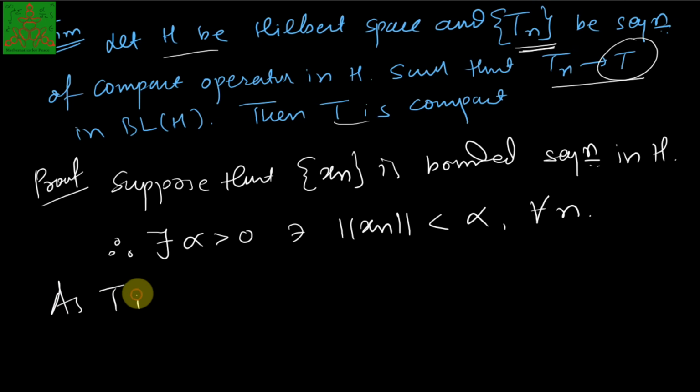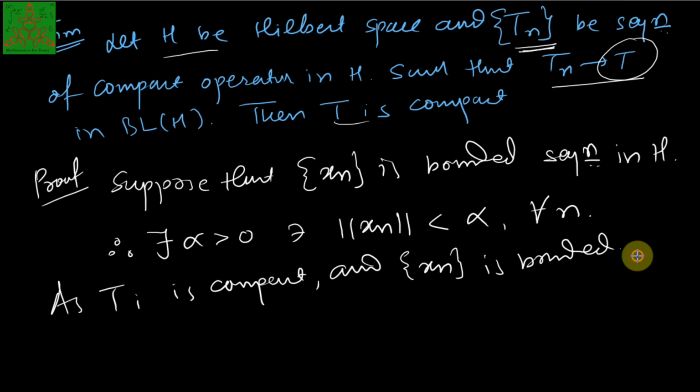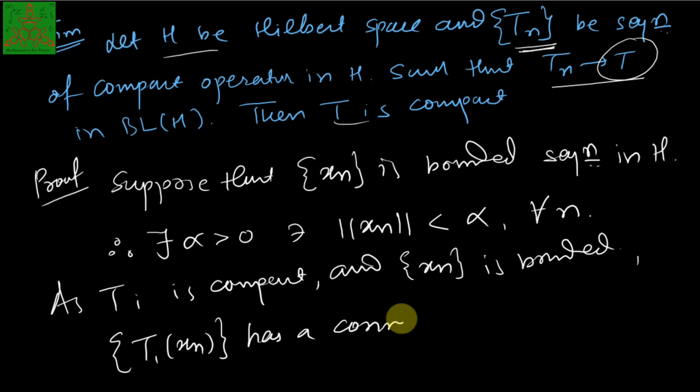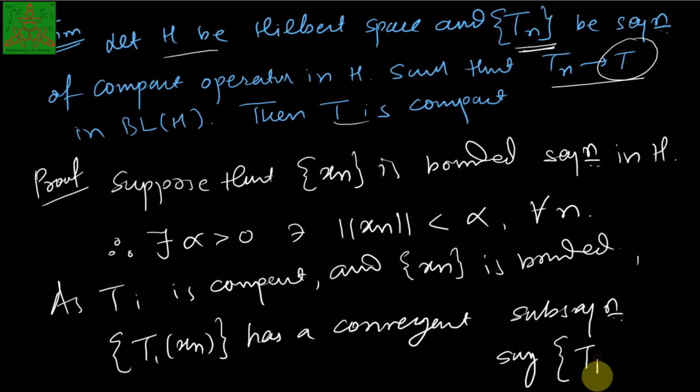As T1 is compact and xn is a bounded sequence, T1 of xn has a convergent subsequence. Let's say that convergent subsequence is T1 of xn1. This xn1 is a subsequence of xn, and since xn is bounded, xn1 is also a bounded sequence.